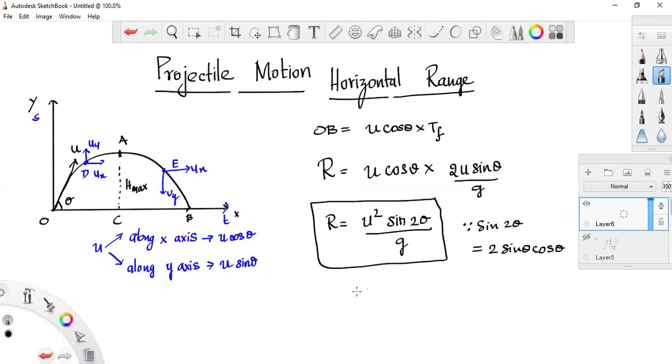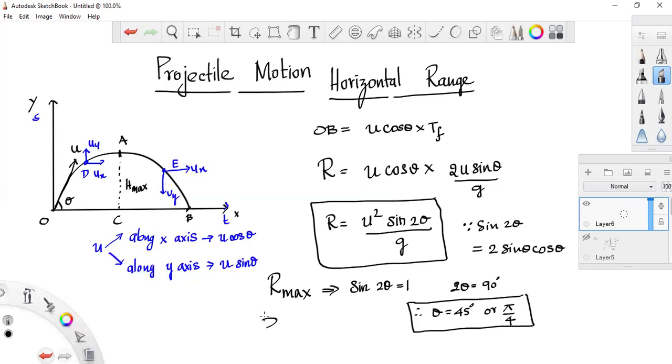If my range has to be maximum, sin 2 theta must be equal to 1, since sine has a maximum value of 1. If sin 2 theta is equal to 1, then 2 theta must be equal to 90 degrees. Therefore, theta must be equal to 45 degrees, or pi by 4 radian.